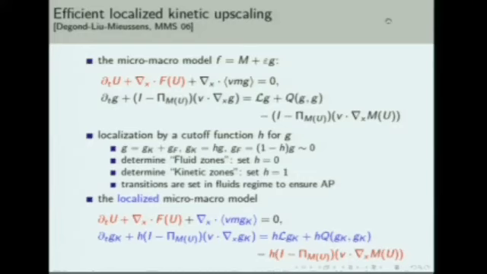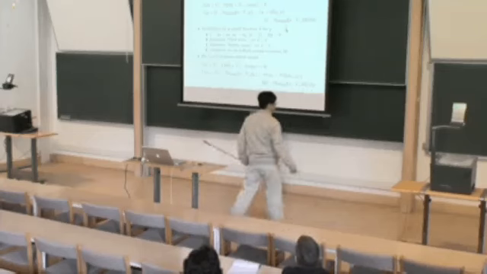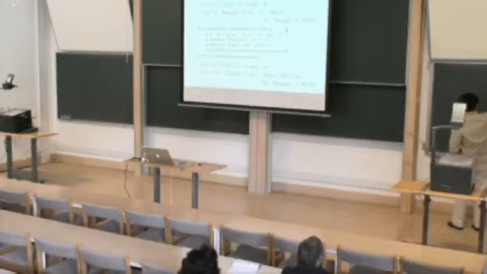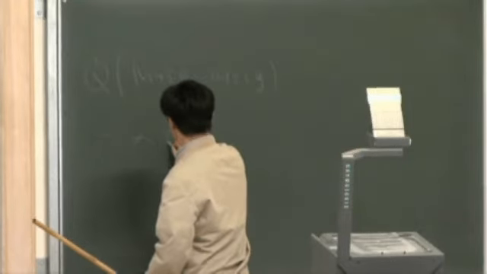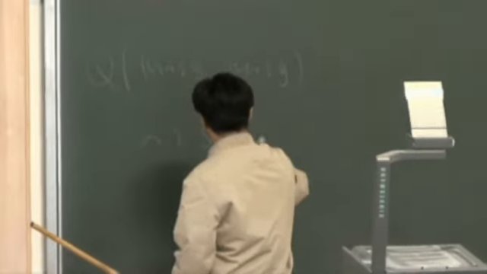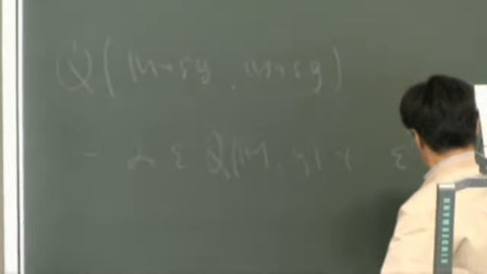So you have the quadratic term, right? Let me write it on the blackboard. Q(M plus epsilon G, M plus epsilon G) will equal 2 epsilon Q(M, G) plus epsilon squared Q(G, G), right?